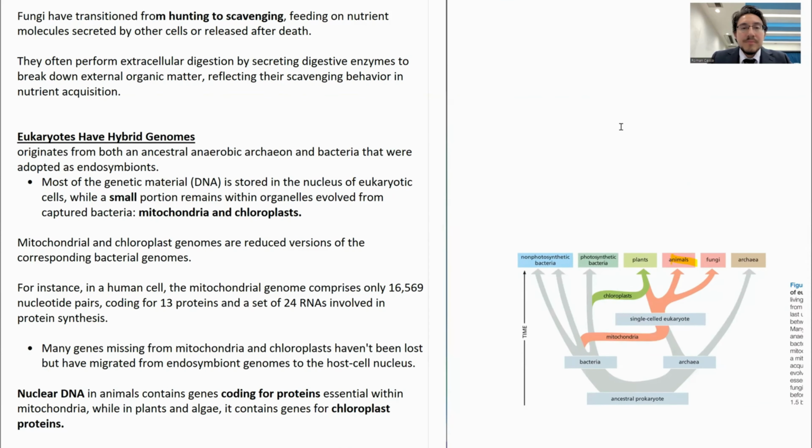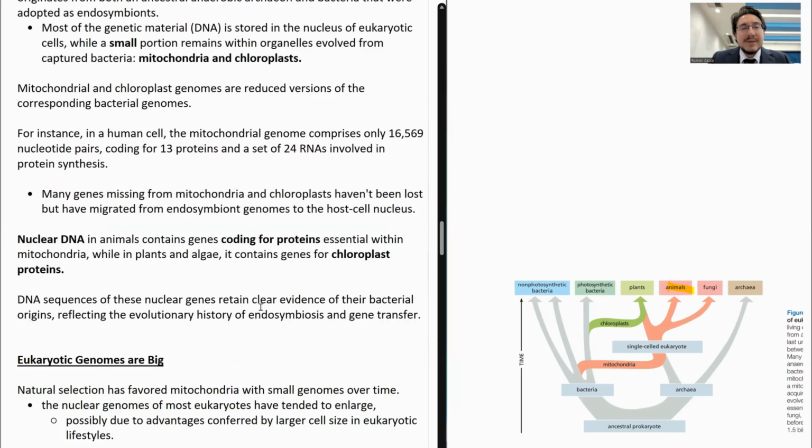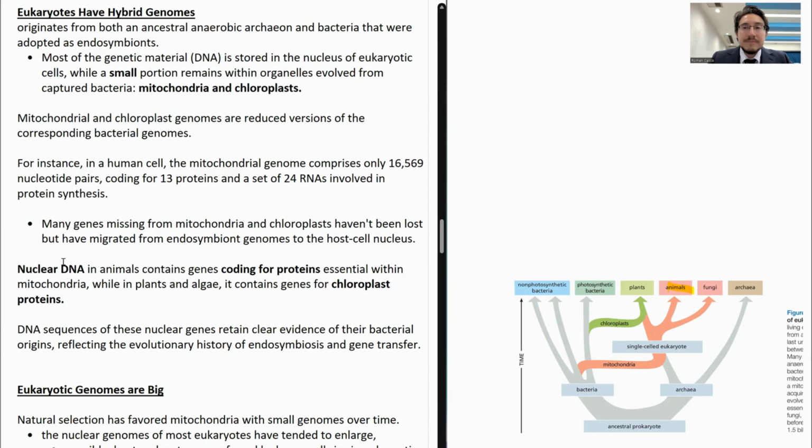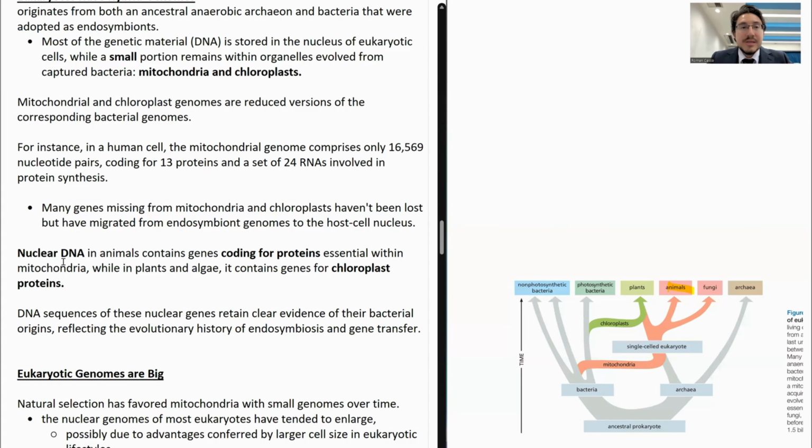Okay. So now that we get a sense of how eukaryotic cells came about, eukaryotes have hybrid genomes. Understanding the endosymbiotic theory, you have most of the genetic material stored in the nucleus, but also small portions of DNA, even within our own bodies, remaining in organelles like the mitochondria and the chloroplast.